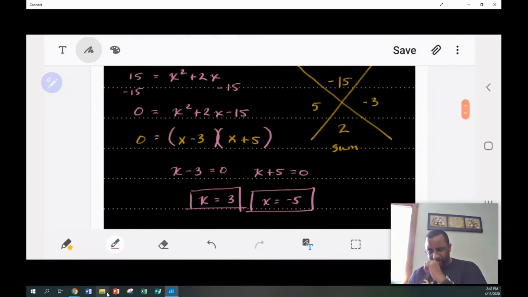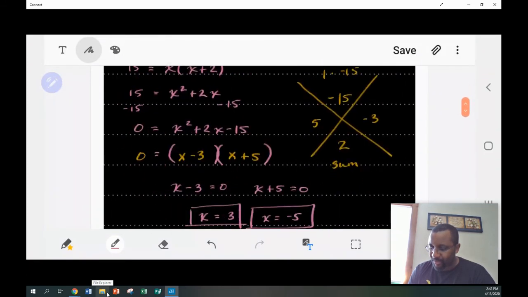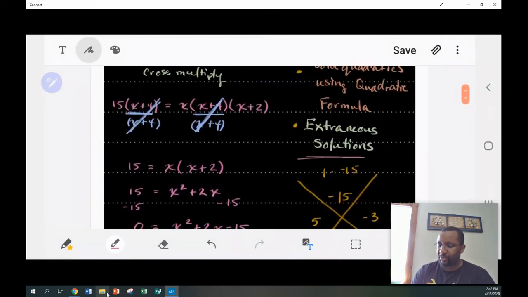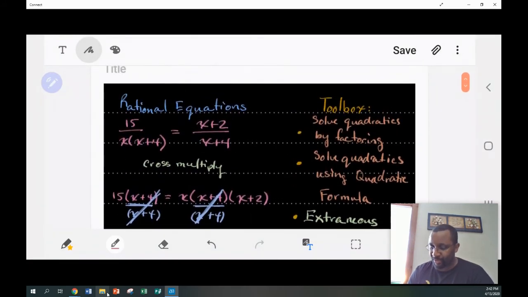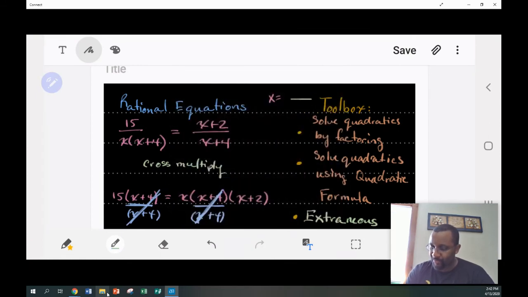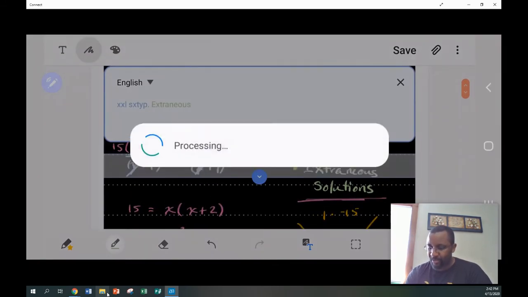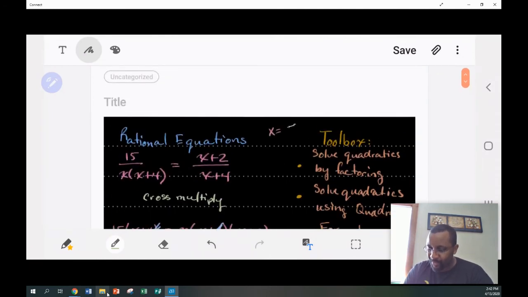Okay? And then finally, though, we're not done. We need to check for extraneous solutions. Got to check for extraneous solutions. So you have to go back to the original problem and say to yourself, if x equals -5, will that be a problem?